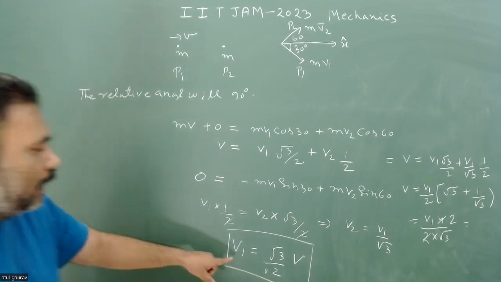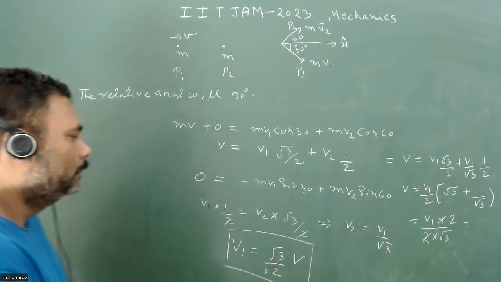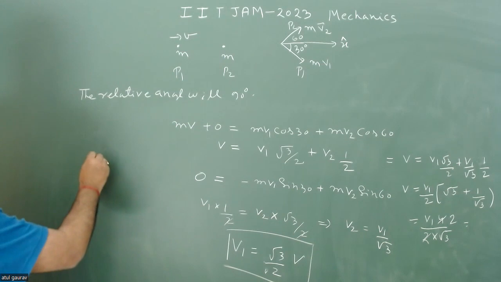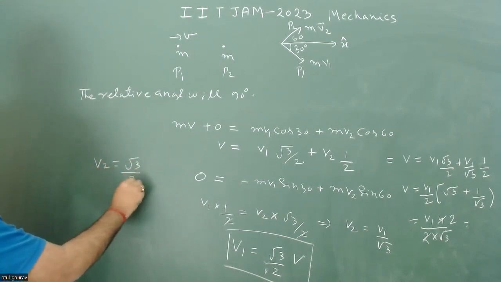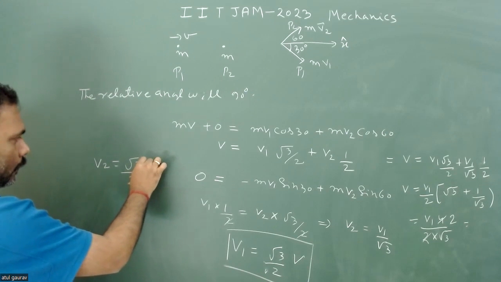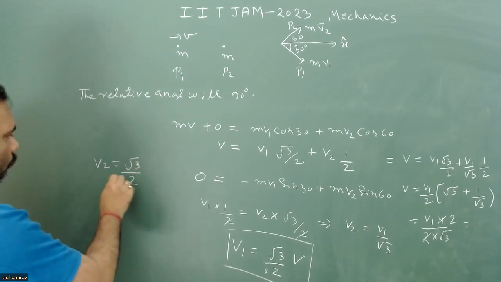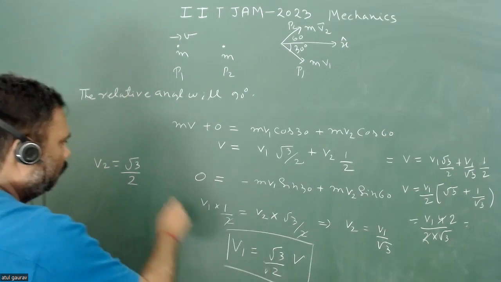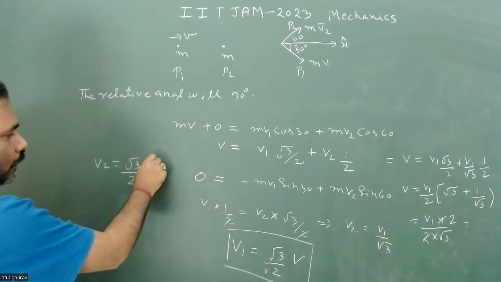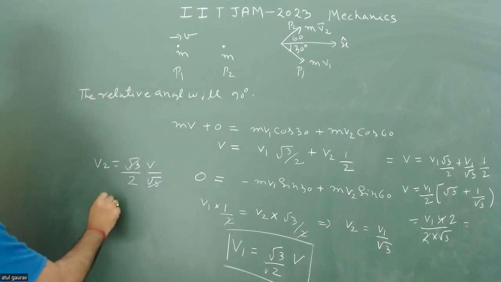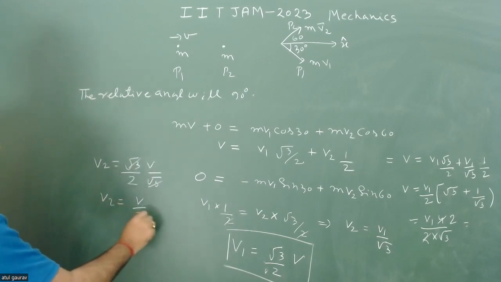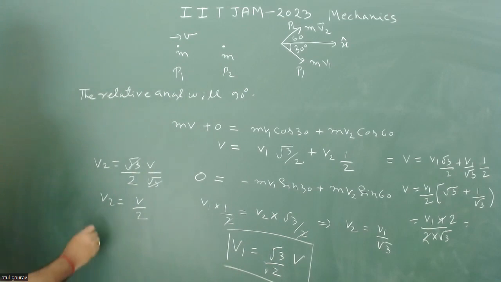Now, if we can calculate v1, we can easily calculate v2. So v2 equals v1 by root 3, where v1 is root 3 by 2 v, so v2 equals v upon 2. And what will be the kinetic energy of the second particle?